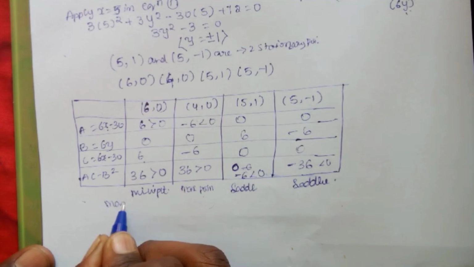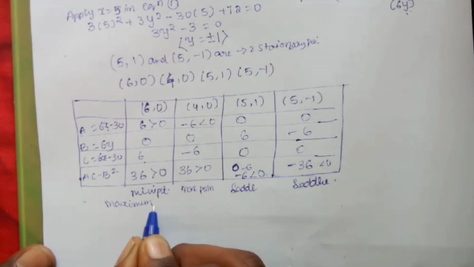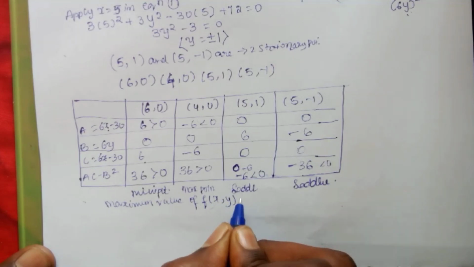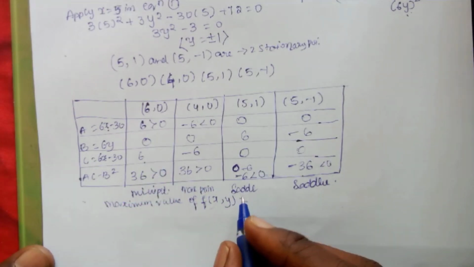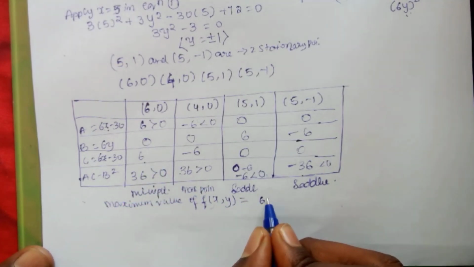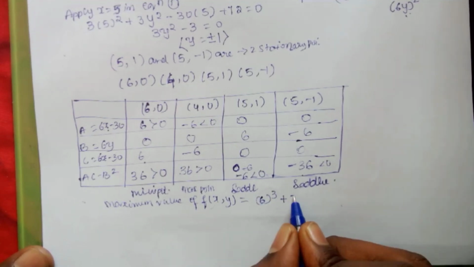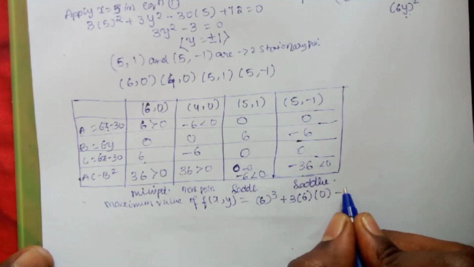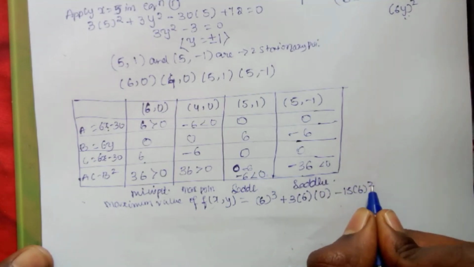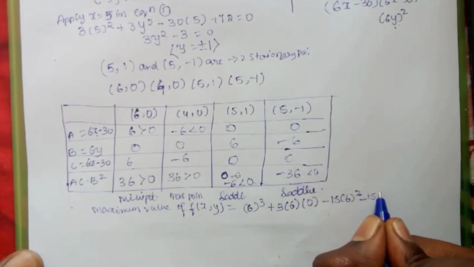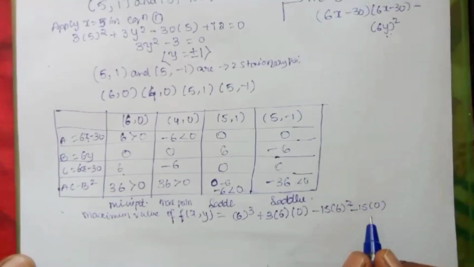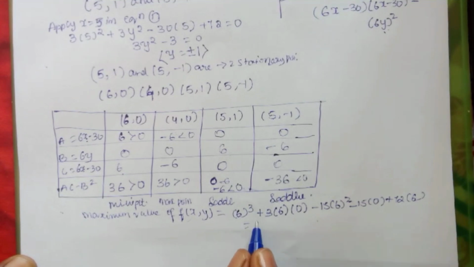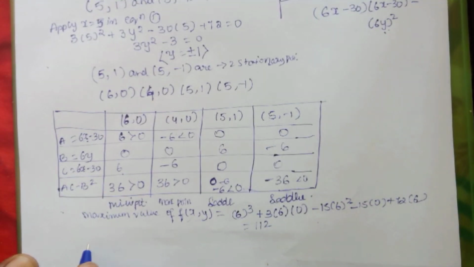Find the maximum value of f(x, y): at (6, 0), x is 6 cubed, minus 15 times 6 squared, minus 15 into 0, plus 72 into 6. When we solve this, we get 112.